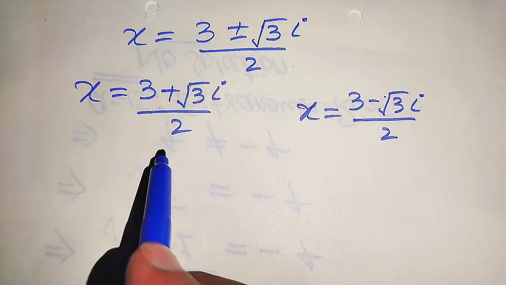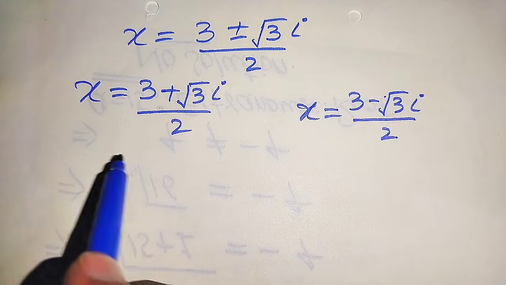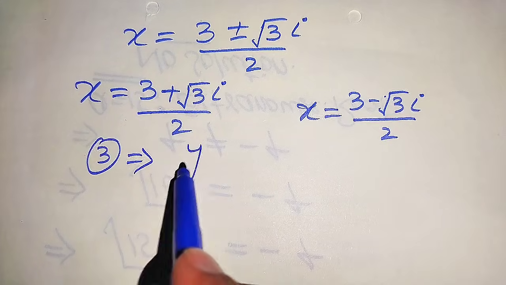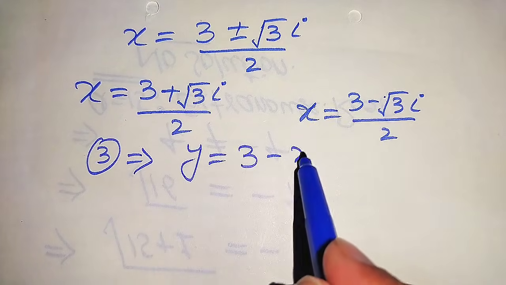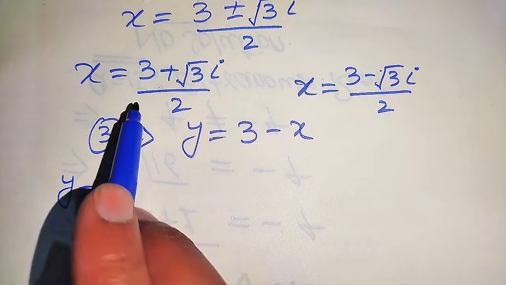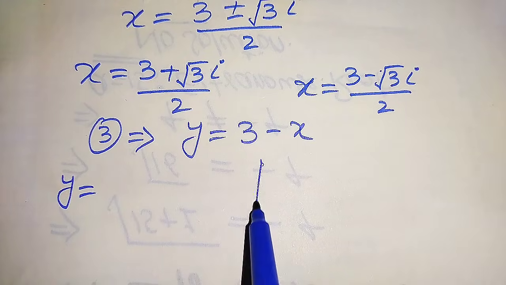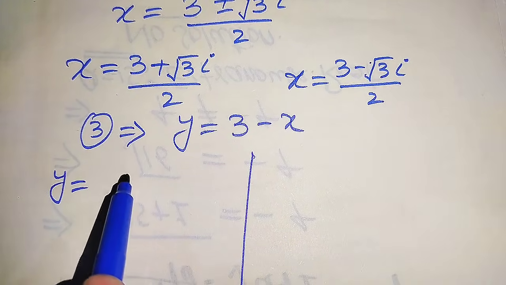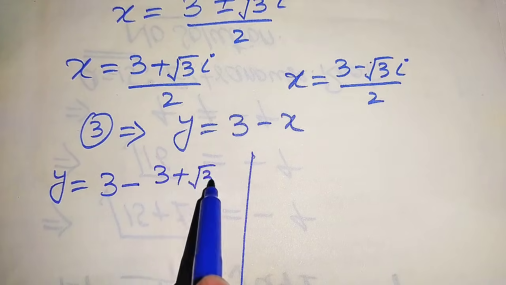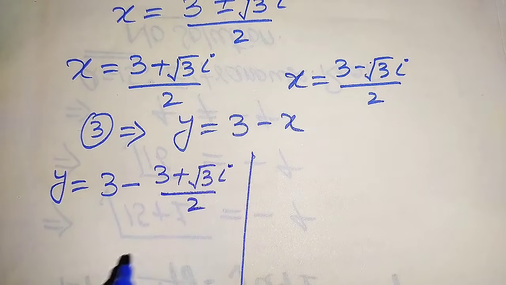And here we need equation number 3, which implies y equals 3 minus x. On this side we substitute this value of x, and it becomes 3 minus (3 plus square root of 3 iota) divided by 2.